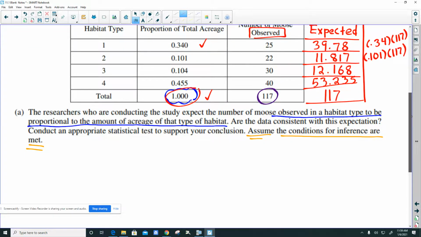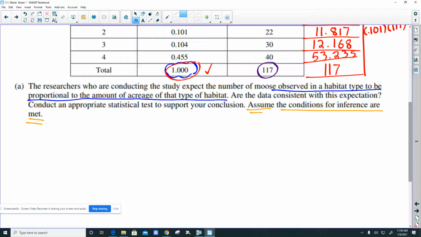Okay. All right, so let's go ahead and start our process here. The PHANTOMS acronym, of course, we don't actually have anything for the P. We're not doing anything with a parameter, proportion, or mean here at all. But we do want to list what our null and alternative hypotheses are.